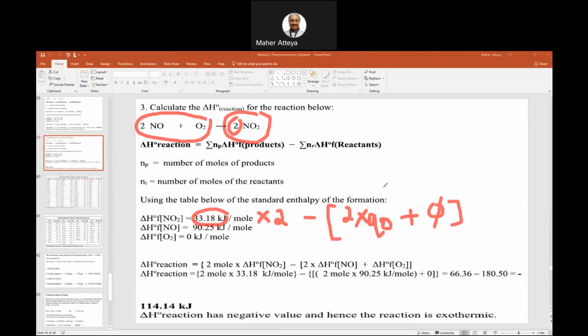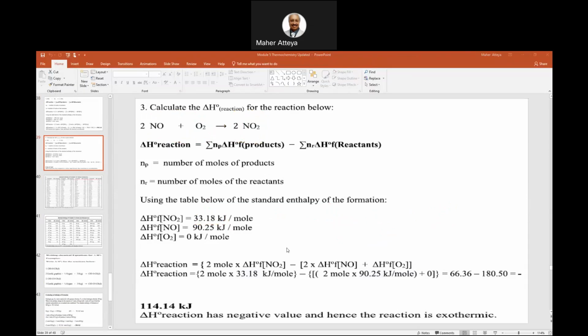So if you look at this, the delta enthalpy of the reaction is equal to 2 moles of NO2 minus 2 moles of NO plus O, that's oxygen. So it came out to be minus 114.14 kilojoules. So this is an exothermic reaction.